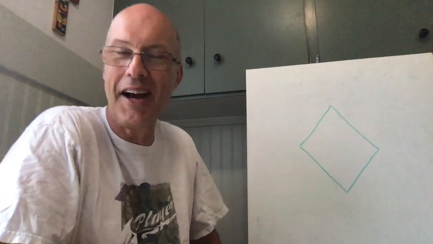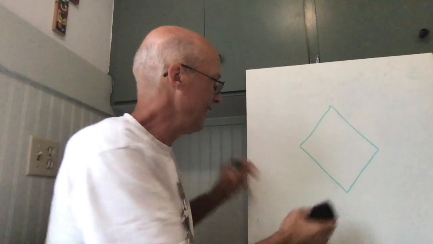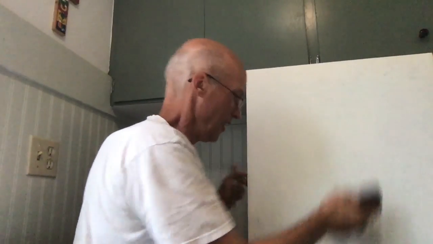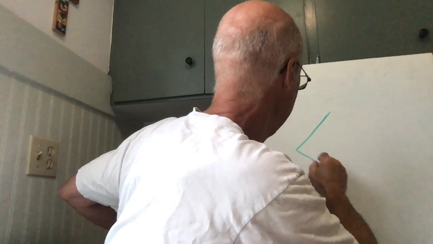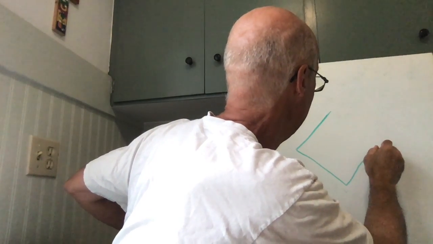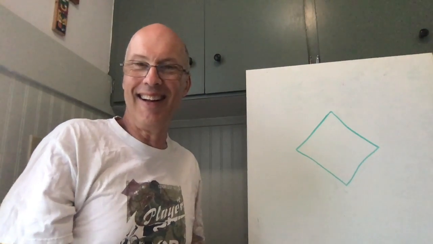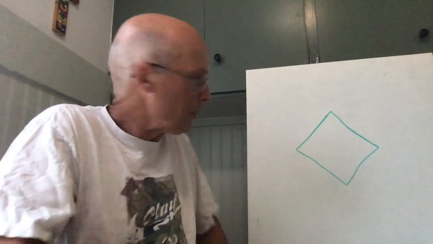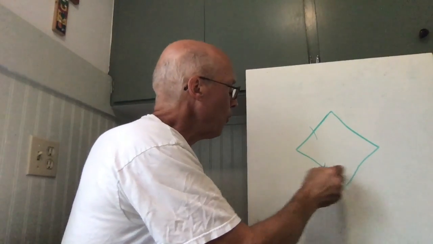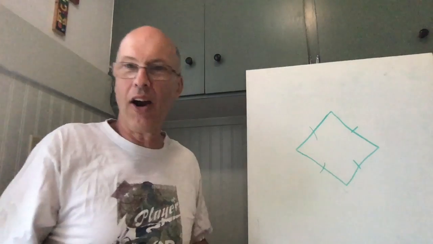I have a hard time with that. Third time's a charm. Let me get right in front so I can see. Okay, so all four of these sides are the same.